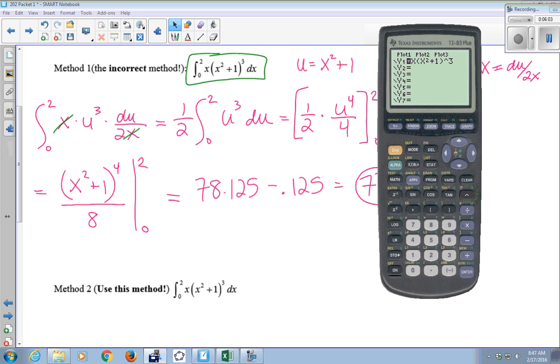My calculator can do that. Just go to my home screen. I'm going to go math, function integrator. I want to integrate y1 with respect to x from 0 to 2. And I get 78. Okay, so I got the right answer by using the fundamental theorem of calculus and a U substitution.